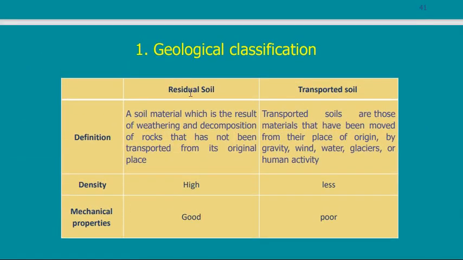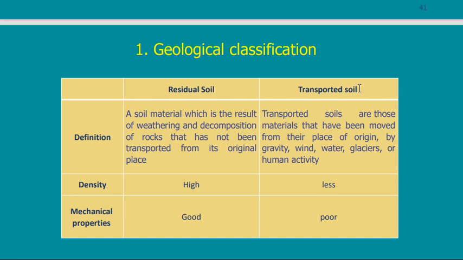So for geological classification, we have something called residual soil or transported soil. By the way, this term is very important for us as engineers. If I tell you that I have residual soil or transported soil, it rings many bells in your head. If I tell you that this is a residual soil, it means that it has been in this place a long time ago.